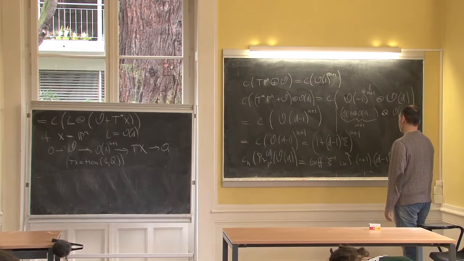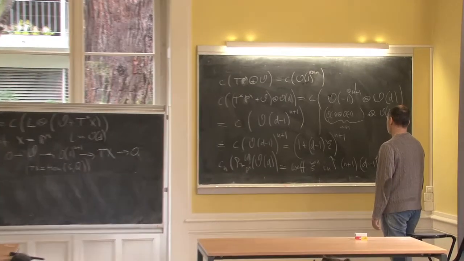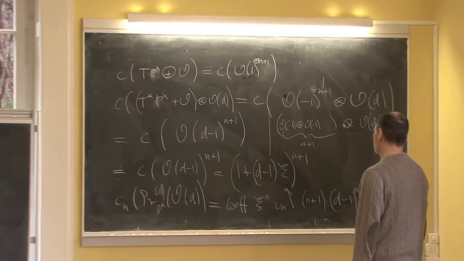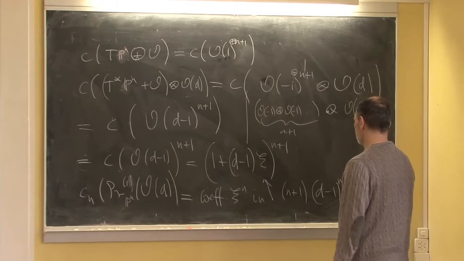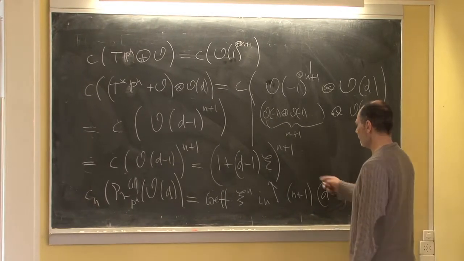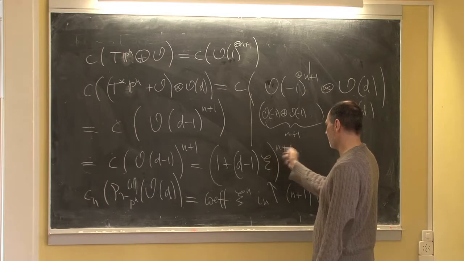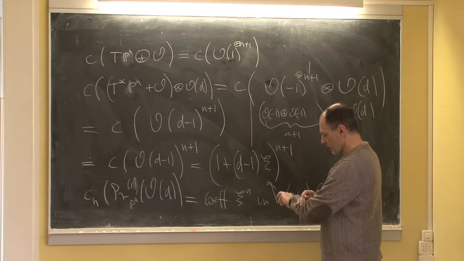Okay. n plus 1 times (D minus 1) to the power n. I think that's the correct answer. Yeah. If you take it by Newton's formula, you have n plus 1.